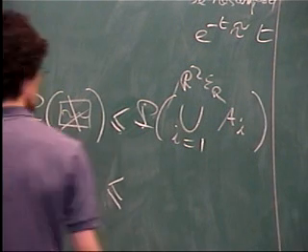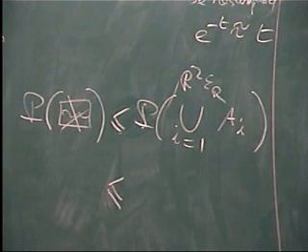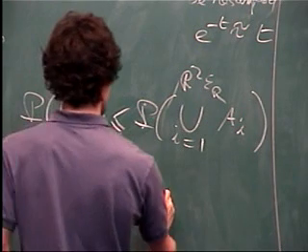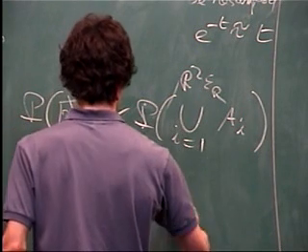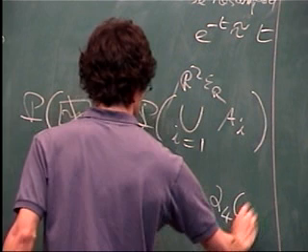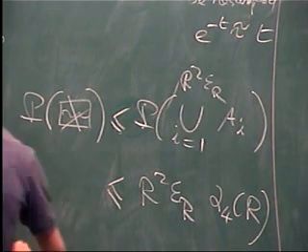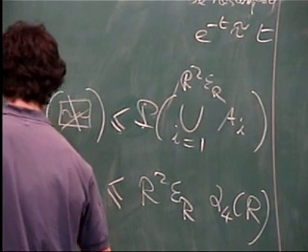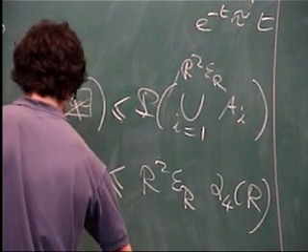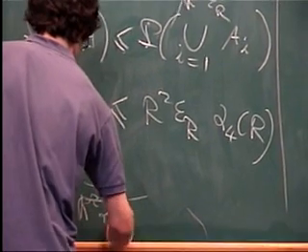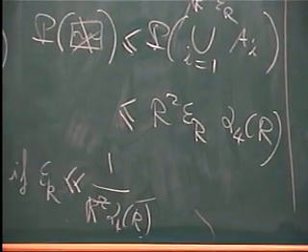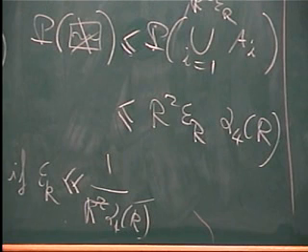You can just bound this trivially by the sum, so that's less than this. Therefore, if epsilon r is much smaller than that, you cannot change macroscopic things in the noise version, and this is stable.